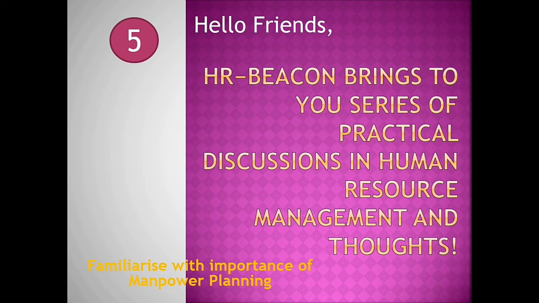Priority always goes to the existing employees on the regular roll of the company. This focus will send a message to the organization about job security and quality management thinking.